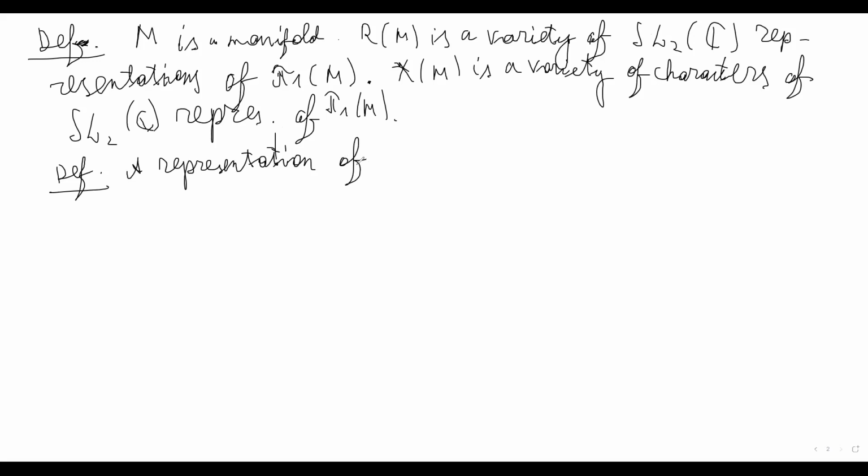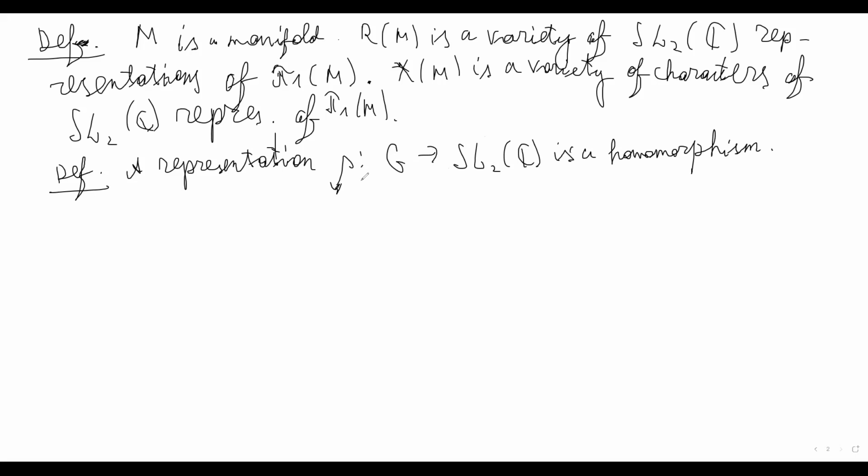Okay, so a representation, say rho, from G is a homomorphism from G to SL2C.